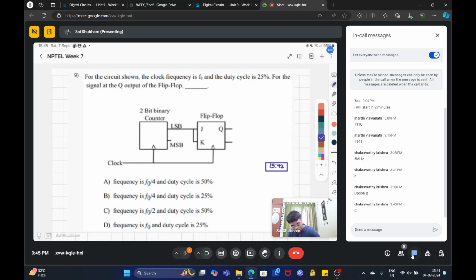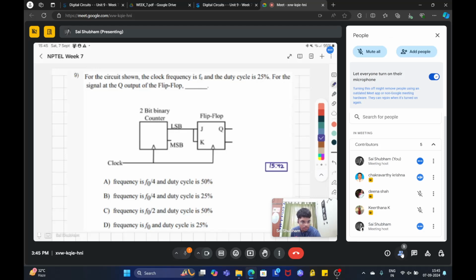F naught by 2. Okay, and the duty cycle is 50%. And frequency is F naught by 2. So answer C may be correct.